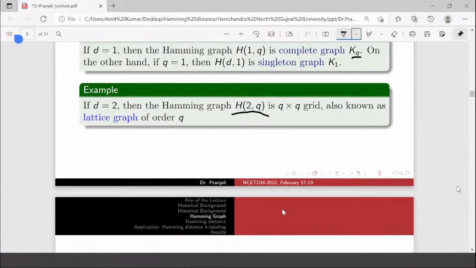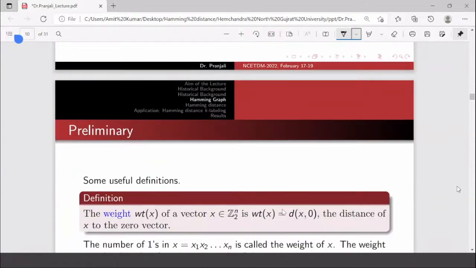These are the examples. Now, what is our approach? We have the Hamming graph. There are certain graphs which cannot be seen as Hamming graphs. Now, our approach is this: can we embed an arbitrary graph, which is of course not a Hamming graph, into a Hamming graph by some labeling technique?